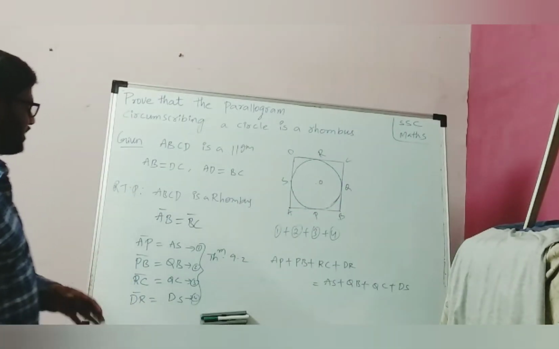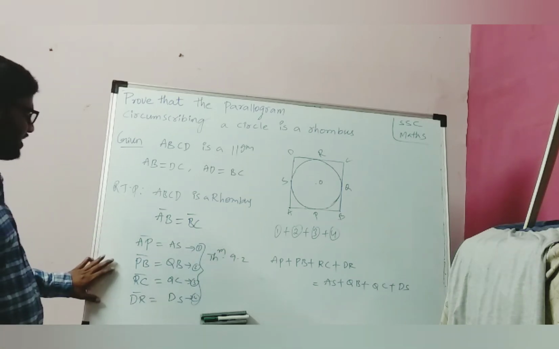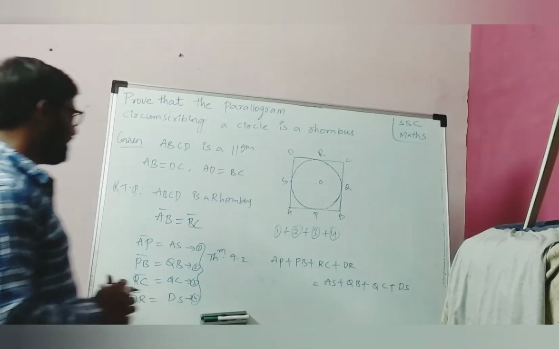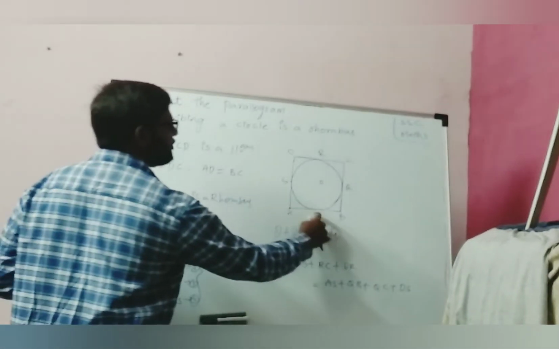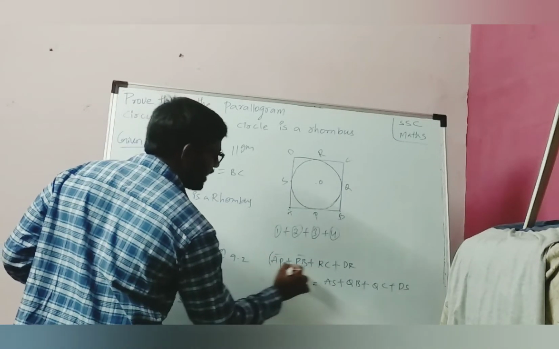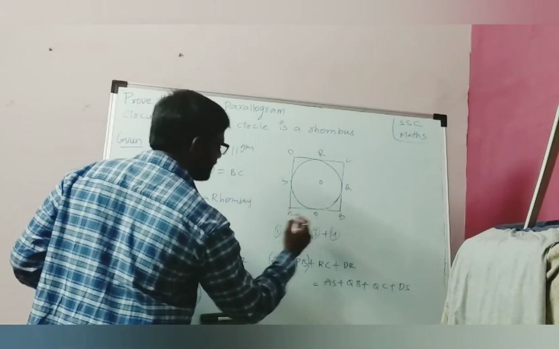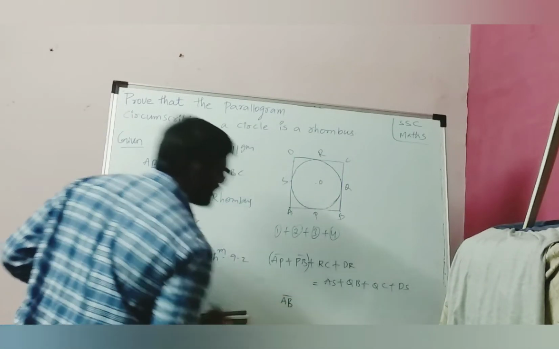Adding equations 1 plus 2 plus 3 plus 4, the sum of all LHS equals the sum of all RHS. AP plus PB equals AB, so in place of AP plus PB I am writing AB.